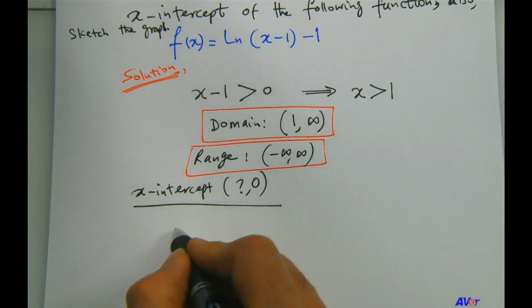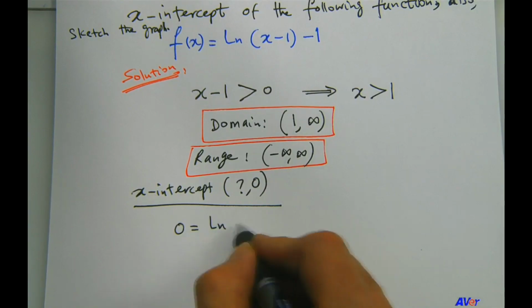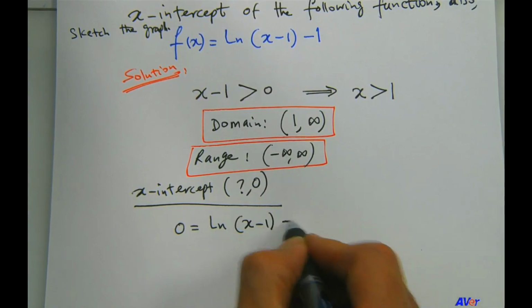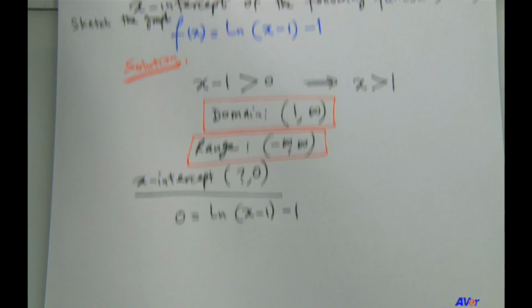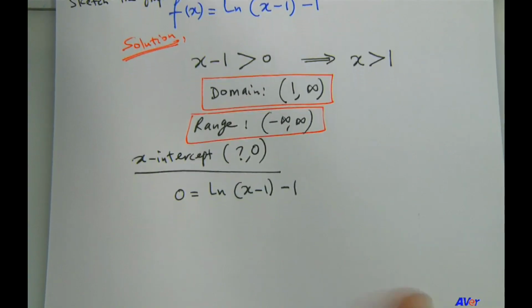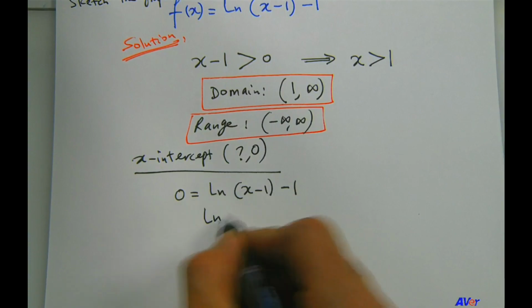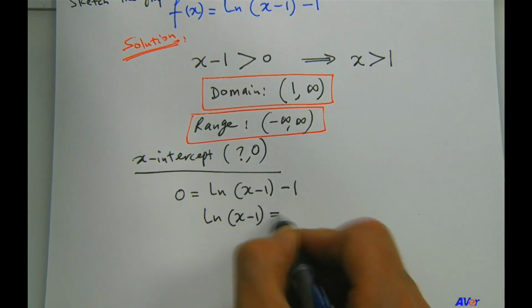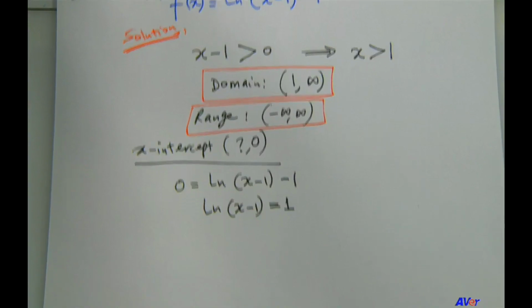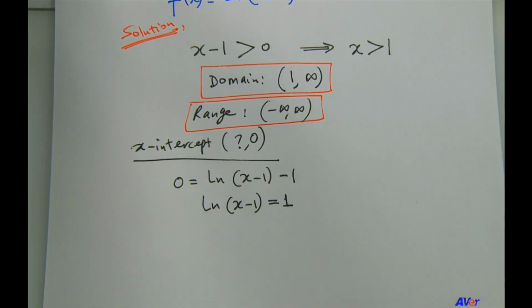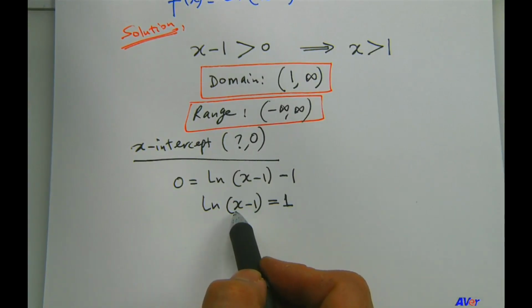We have 0 equals natural log of (x minus 1) minus 1. And so natural log of (x minus 1) equals 1. Now that's interesting, right? We're solving for x.